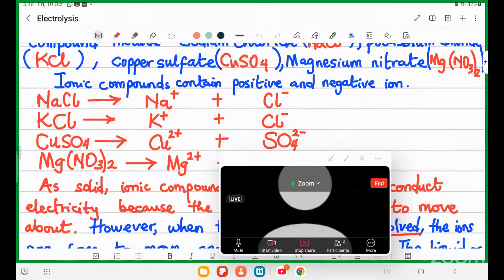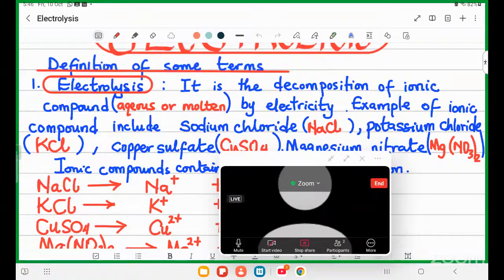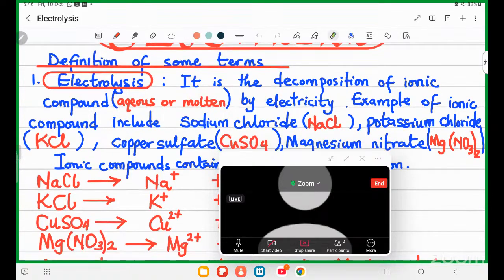But meanwhile, we explained first the meaning of electrolysis, and we said it is the chemical decomposition of an ionic compound. The ionic compound can either be aqueous, meaning it has water in it, or molten, but not solid.